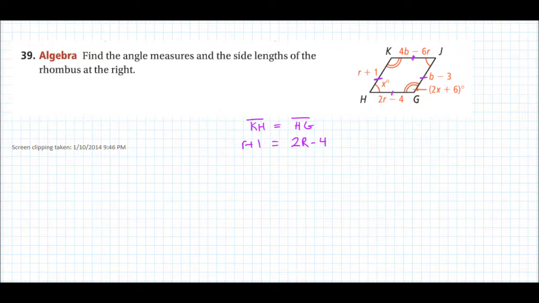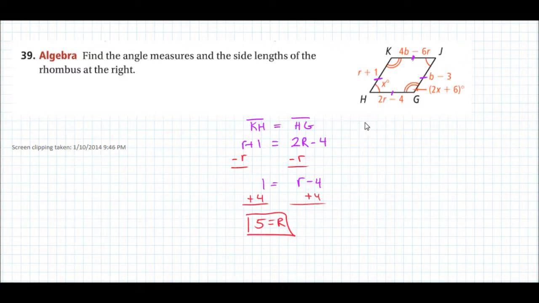Okay, so what we want to do is subtract r from each side, and we're going to get 1 equals r minus 4. Add 4 to each side, and we're going to get 5 equals r. Okay, we'll need that. What we need to know now is what's the length of KH?